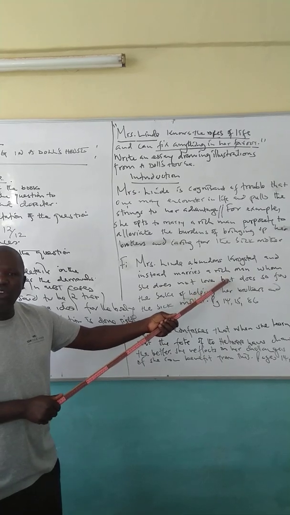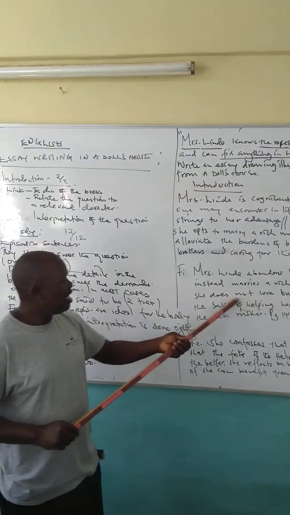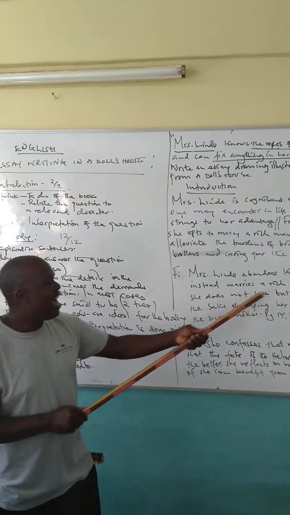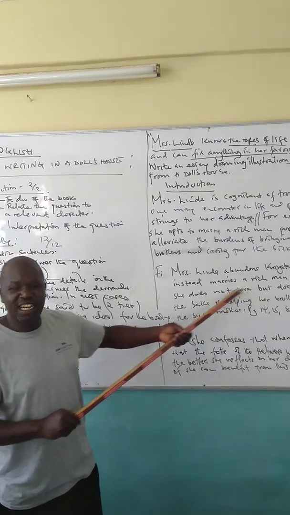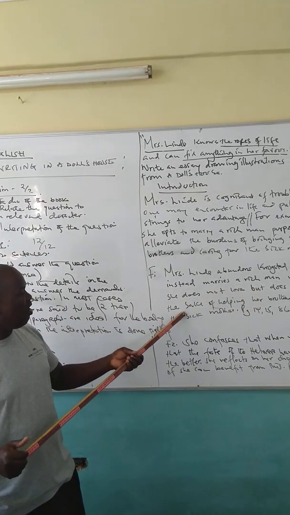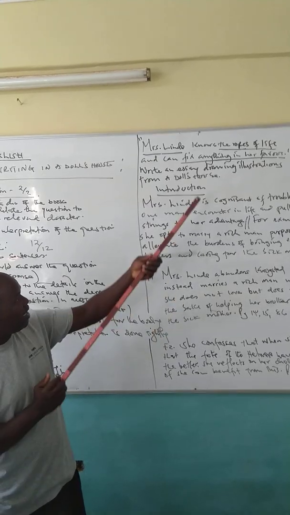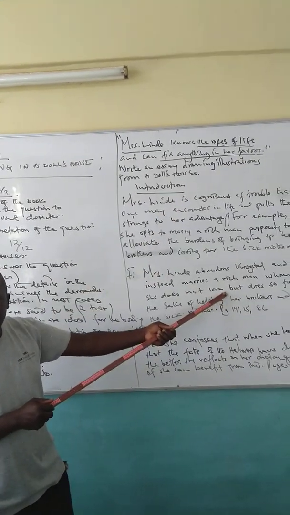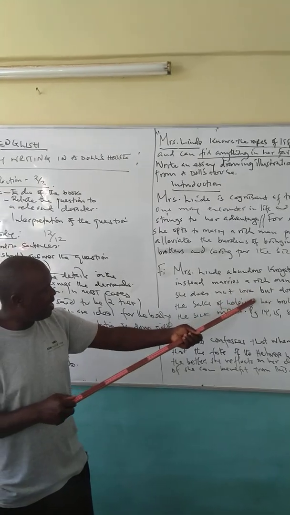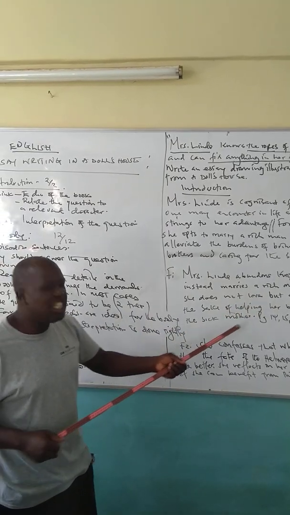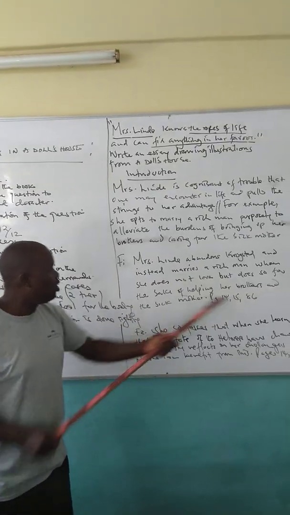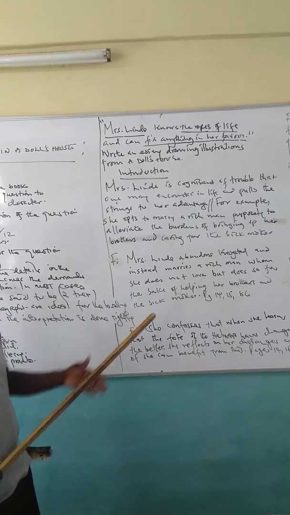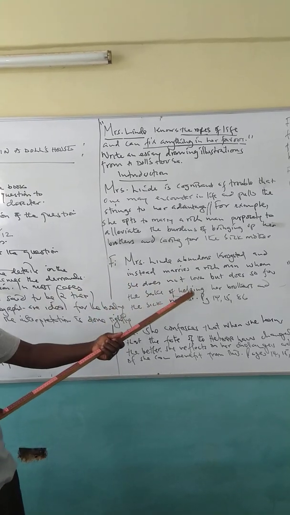But because Krogstad does not have the money, Mrs. Linde opts to marry a rich man whom she does not love. Why? For the sake of the favor. Fixing the problem, the challenges, the sick mother, and the younger brothers that she needs to bring up. So when you look at all this, this is what we call an episodic sentence.